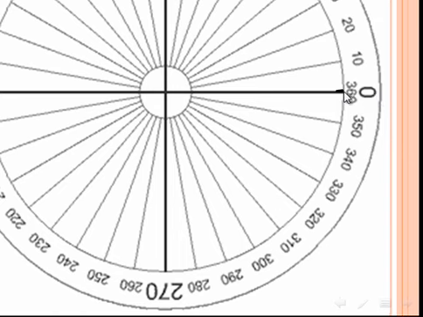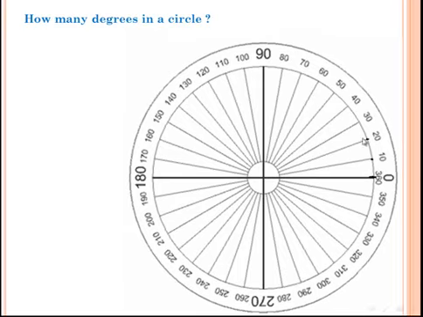This point represents 0, then 10, 20, 30, 40, 50, 60, 70, 80, 90, 100, 110, 120, 130, 140, till 180, till 270, till 360. So how many degrees in a circle?